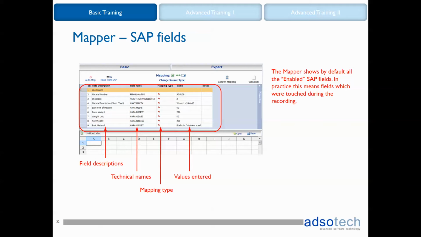We also see a mapping type, which is only a red pen icon right now. But that's something that we're going to change. And then lastly, we have the value that we entered or used when we did the recording. So an actual value for that SAP field. There's also a section for free text notes if you want to make any.